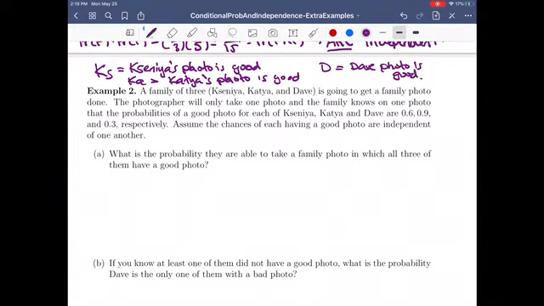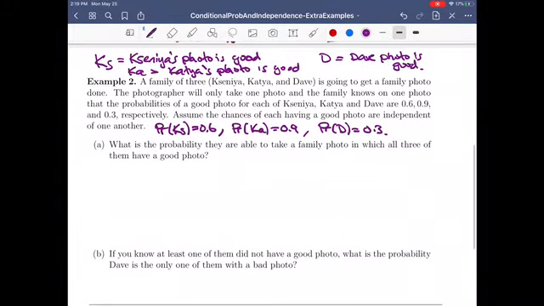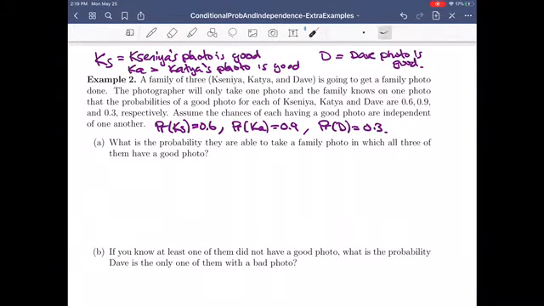So then they gave us probability of KS is 0.6, probability of KA is 0.9, and the probability of D is 0.3. So that's what we know. They also tell us this extra piece of information: assume the chances of each of them having a good photo are independent from one another. So you know that they're independent.